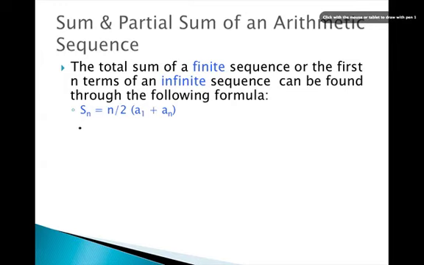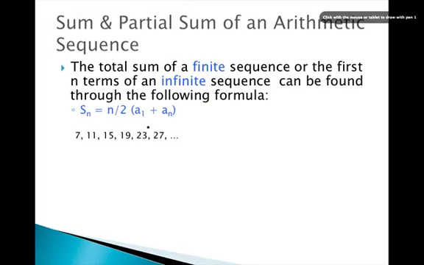Finite means that it has a last term. It has a value for the last term. It doesn't just keep on going. The way that you're going to find that is, your sum of the sequence equals n, the number of terms, divided by 2, times the sum of the first term plus the last term.